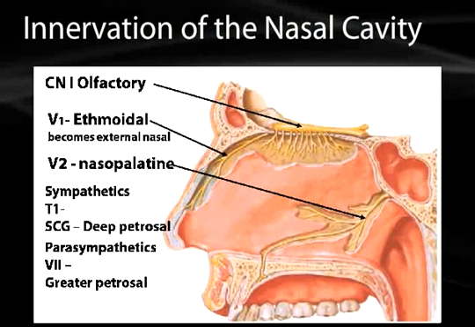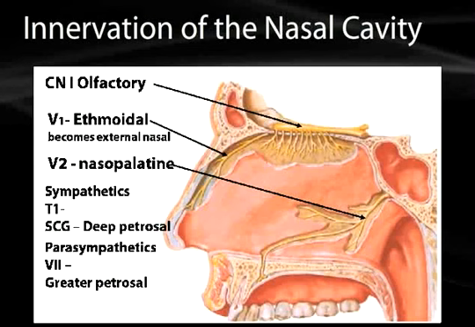If you get a blockage of that mucosa because of the cold that you have or some kind of allergy infection, then you're never going to smell those structures. And that also affects taste, because smell is intimately coordinated with taste.